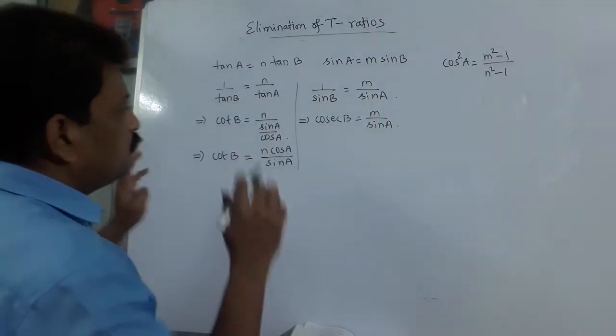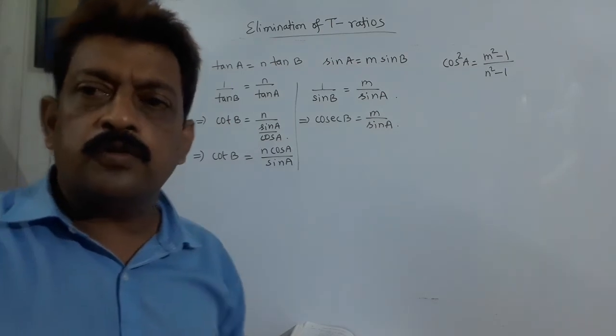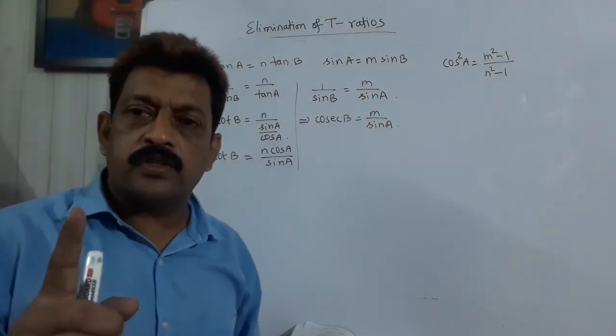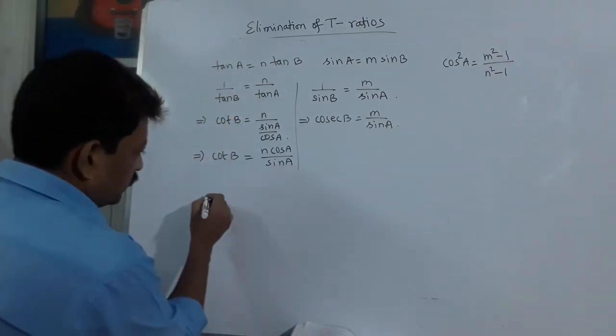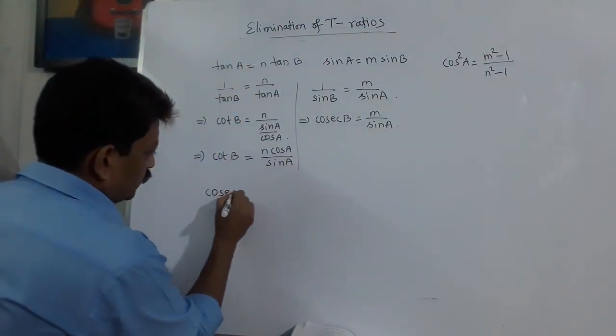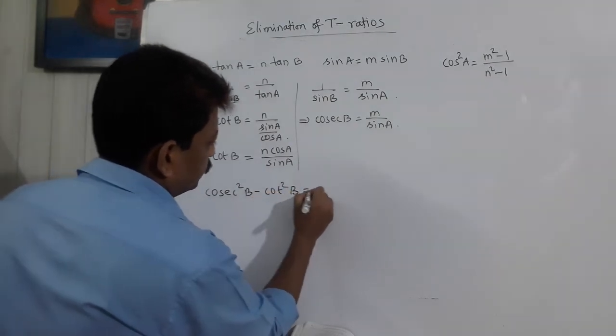So now how to eliminate this cosec B and cot B? They are also related with an identity: cosec square B minus cot square B equals 1. So let me write down cosec square B minus cot square B equals 1.